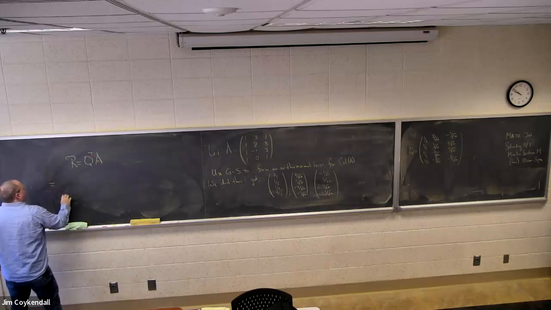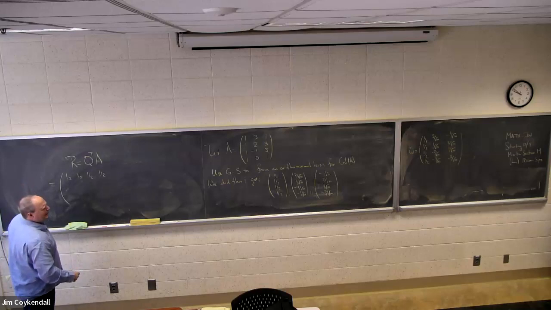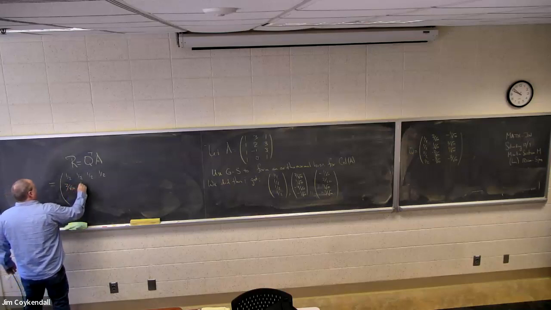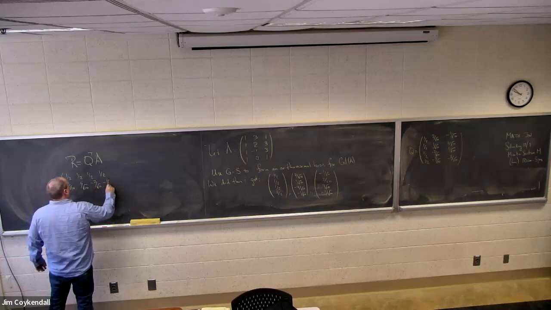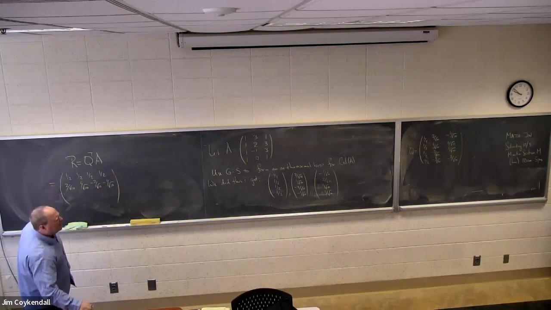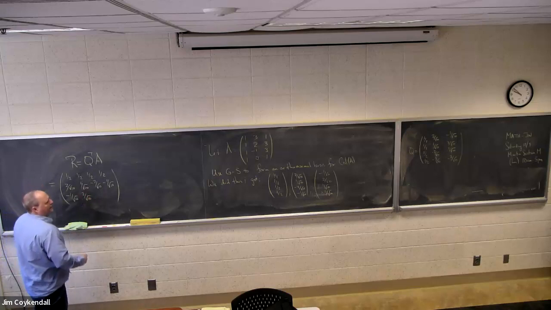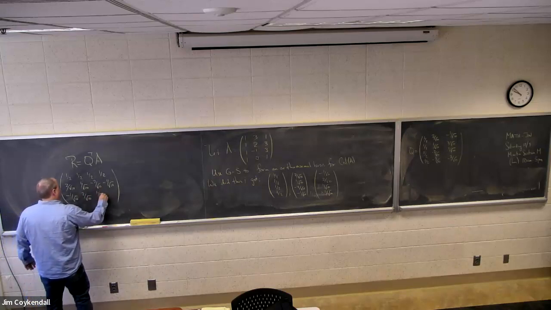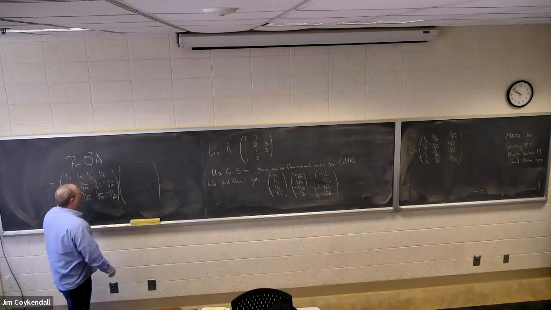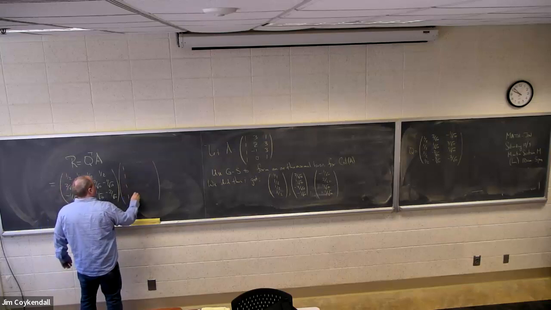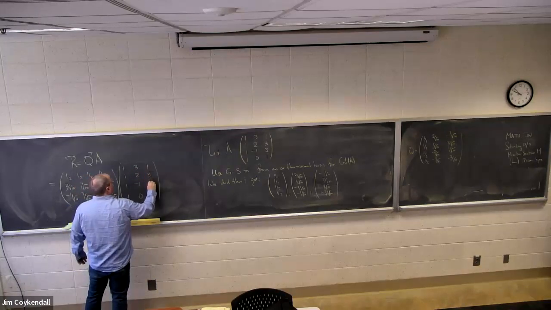Let's write this out. Q transpose. Now let's multiply it by A, which was 1, 1, 1, 1; 3, 2, -1, 0; 1, 3, 3, 1.